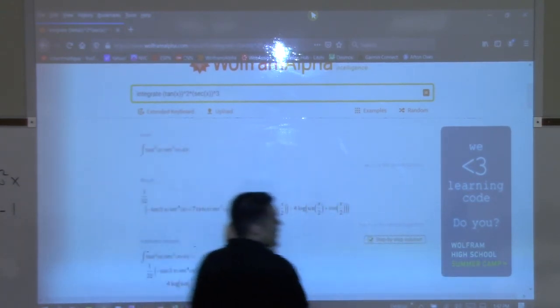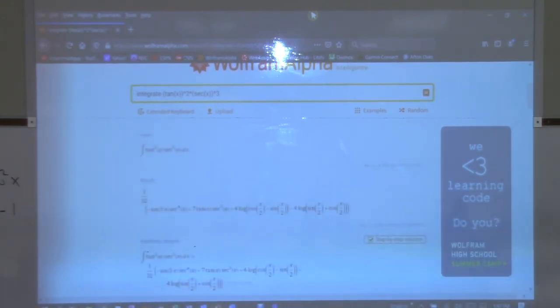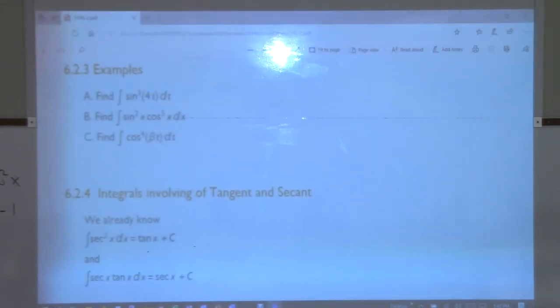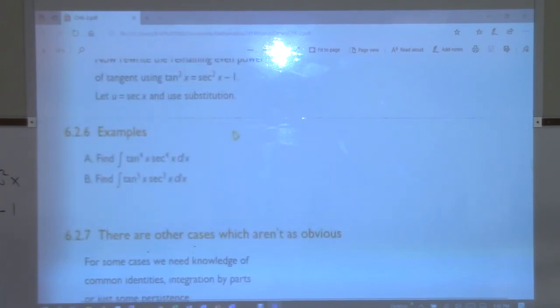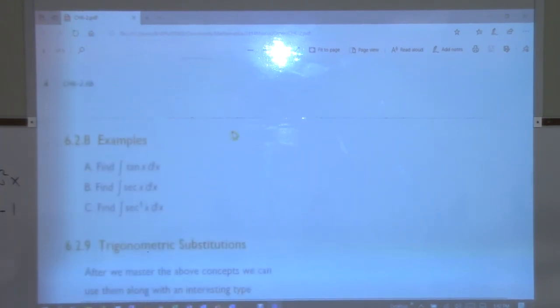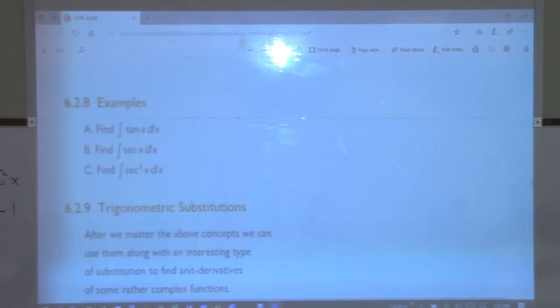All right, let's move on. Last class, those are the only two examples we're doing with tangent and secant, and I did the first two of those last class.